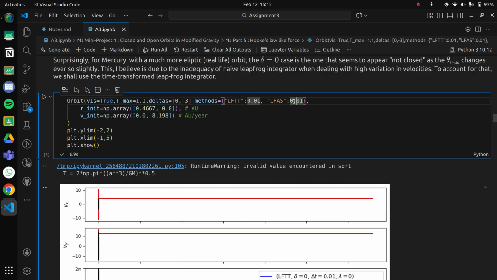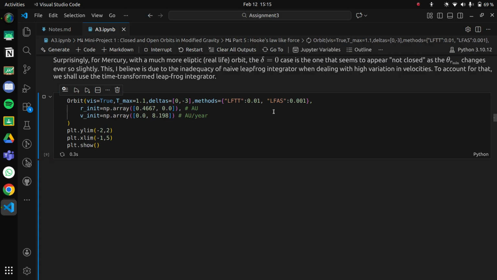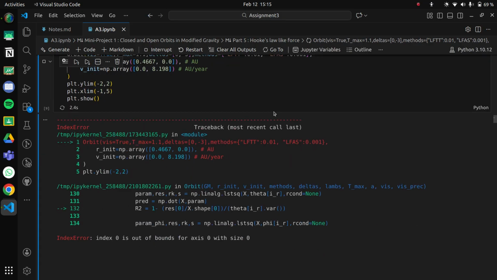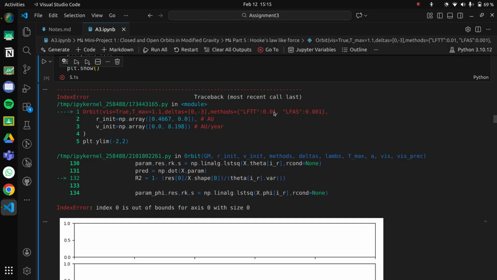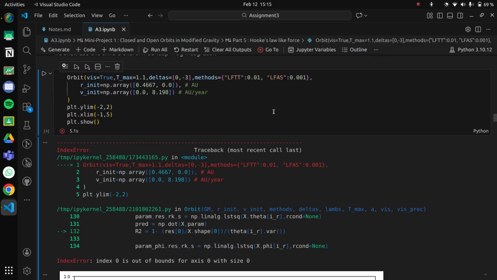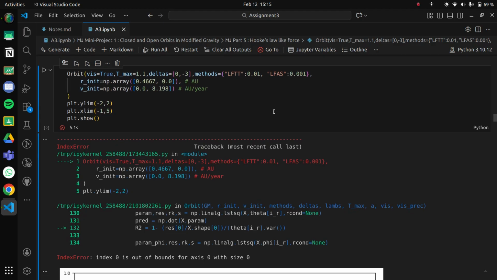And then this I'm just gonna increase. And let's see what happens. What? Out of bounds. Okay, I can't go with 1, I guess. I just can't.